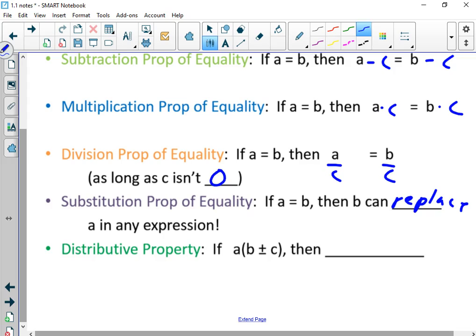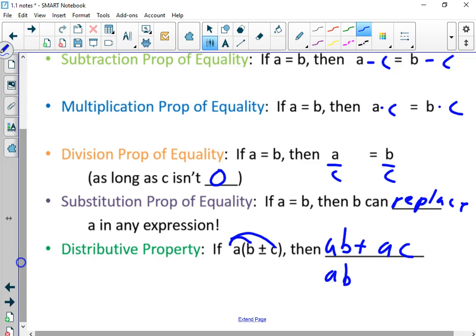Okay? And then the distributive property, that is when you send this in and you get A times B plus A times C. Now, you know yourself. I don't. But I'll tell you, from my years of teaching, the most common mistake on a problem like this is this.